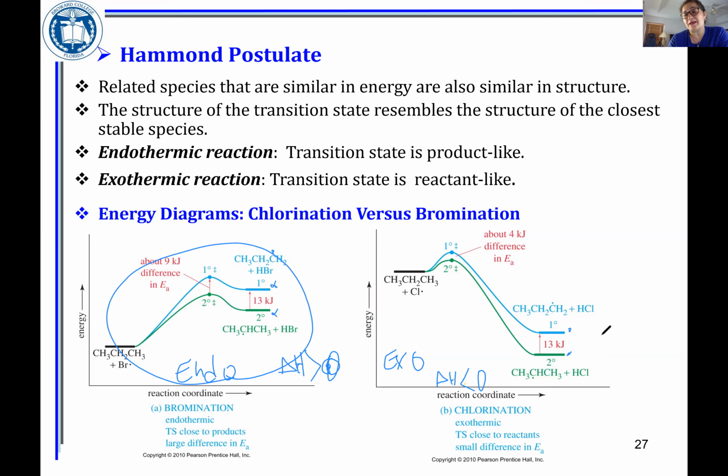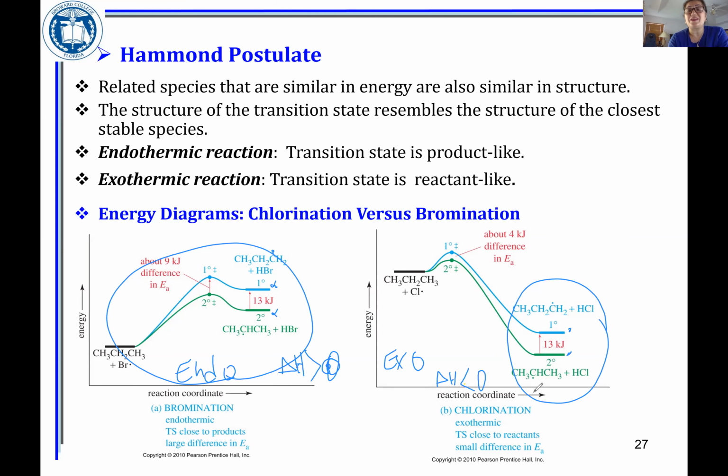The diagram shows that the secondary is 13 kilojoules more stable than the primary, or has that much less energy, and the lower the energy, the more stable, more relaxed. Higher energy means less stable, more agitated, very reactive.